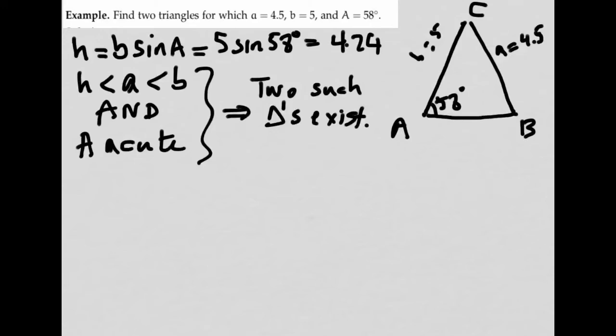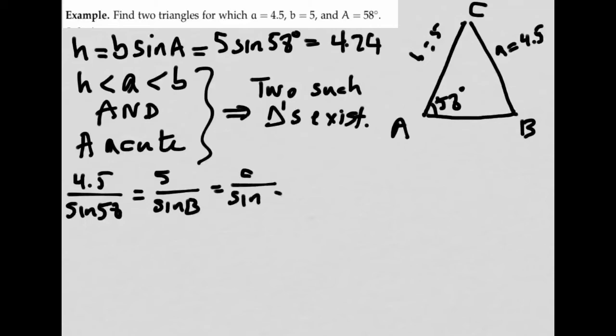To solve this first triangle, we are going to start out by applying the law of sines. So we know 4.5 divided by sine A, which is sine 58 degrees, is equal to b, which is 5, over sine B, which is equal to c over sine C.